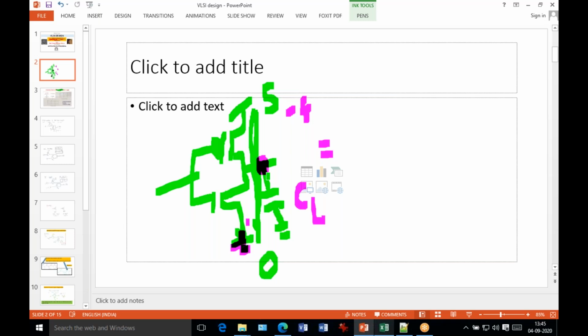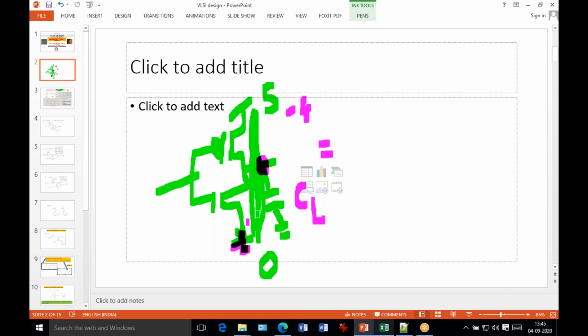That means the static power dissipation of the circuit is very less. Because this is a feature: at one time, one transistor is on, maybe PMOS or maybe NMOS, but both transistors are not on at the same time. That means this path is not connected, this path is not available, so your static power is very, very less.